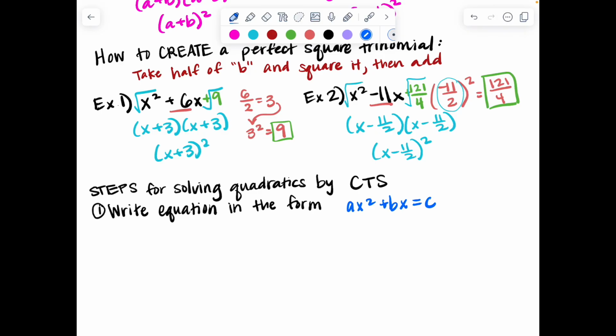We want c on the other side of the equal sign. So instead of having it equal 0, we want ax squared plus bx equals c.